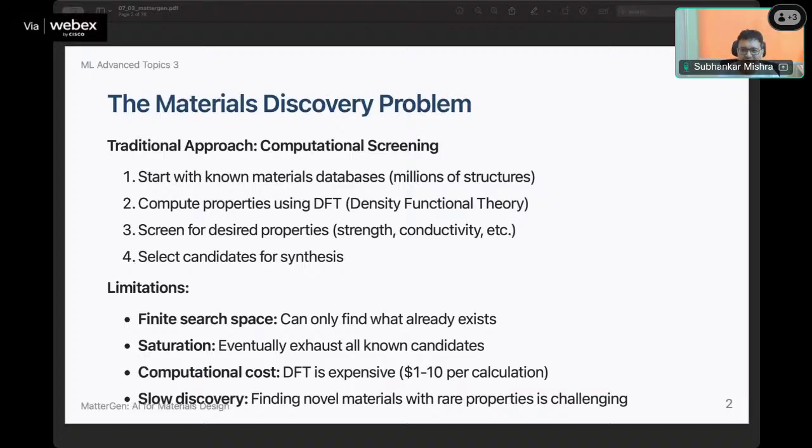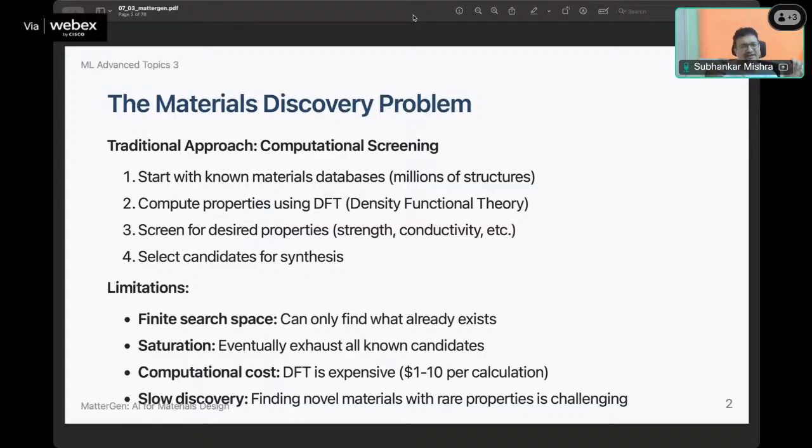What is the problem? The traditional problem is that we want to find new materials, and it's like looking for a needle in a haystack. But we are only allowed to look in the haystacks we already know about.